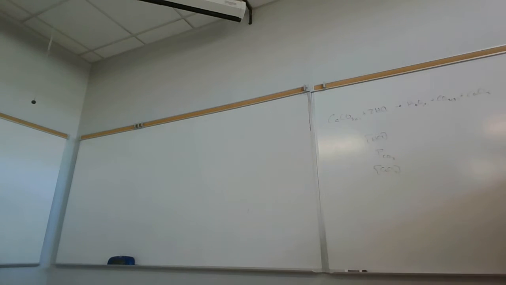The KEQ would be equal to the partial pressure of CO2 times the concentration of calcium chloride divided by the concentration of HCl squared. That would be the KEQ. Now, the partial pressure of CO2 would be in bar or atmospheres, but this whole thing would not have any units. We don't include units in this because the activities are dimensionless.